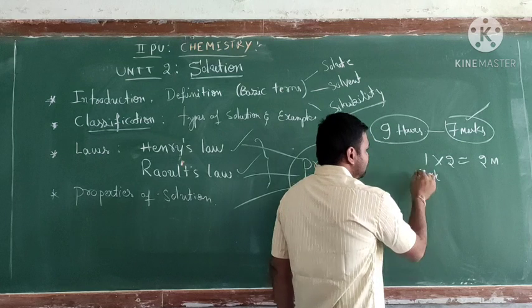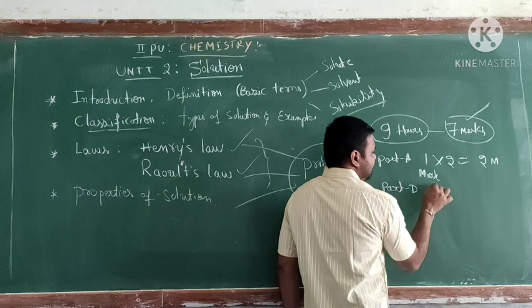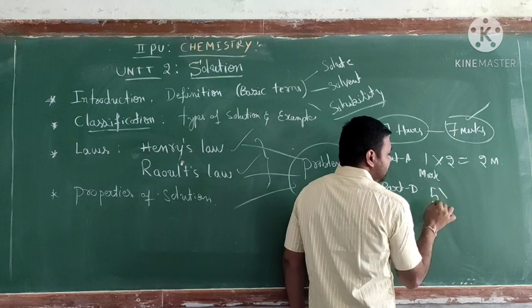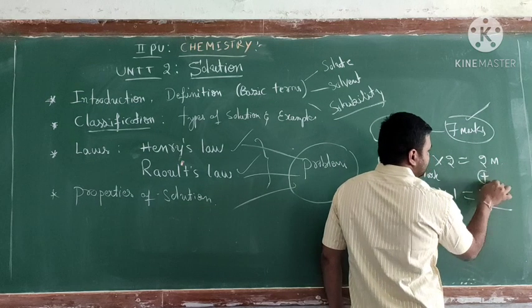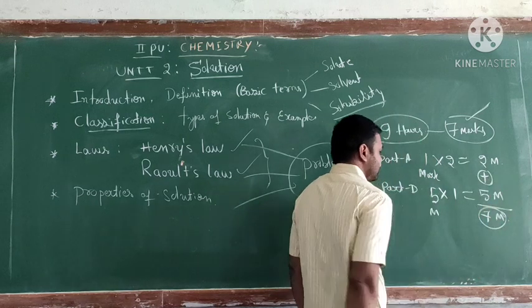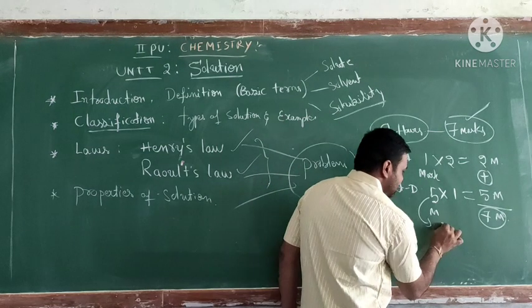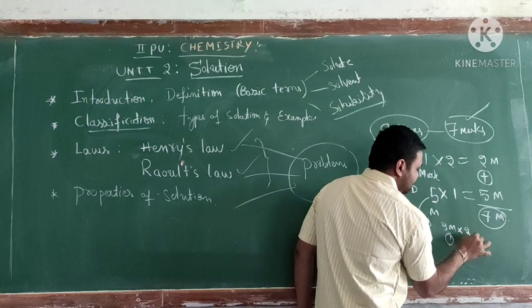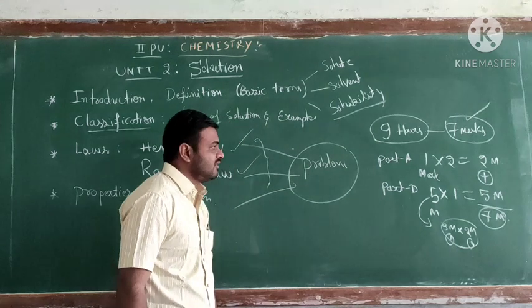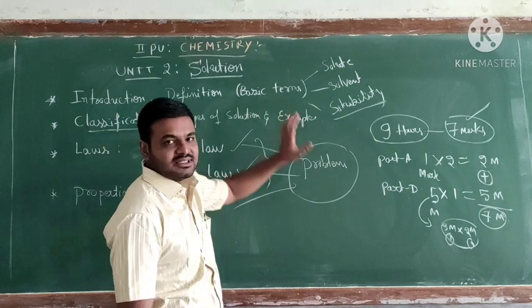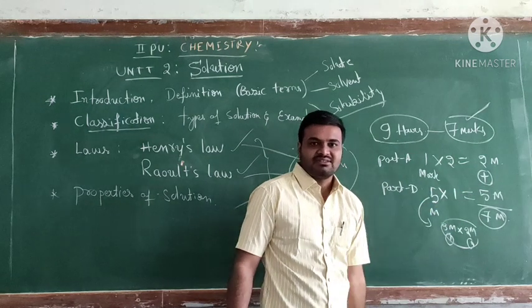And part B contains 5 marks, 1 question, 5 marks. Total 7 marks. This 5 marks may not be asked as a single question. They may ask a 3 marks question and a 2 marks question, total 5 marks. This is your scheme of blueprint about the solution chapter. So a 9-hour chapter containing 7 marks of weightage.